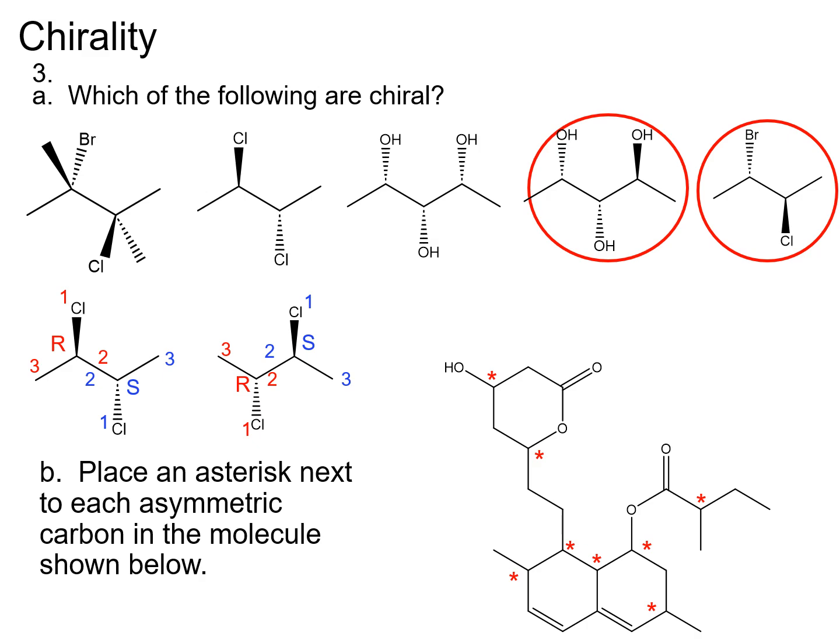And then the other thing in discussion this week, I saw a lot of students forgetting that formula. So remember that 2 to the n tells you the total possible stereoisomers. I don't think he would make you do that math here, but 1, 2, 3, 4, 5, 6, 7, 8, 2 to the 8th would be my total number of possible stereoisomers. So that formula is also something you want to remember.